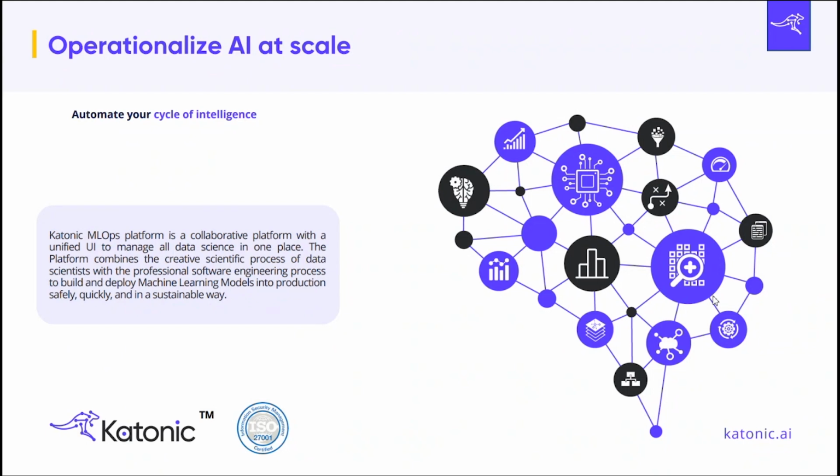So this is a combination which can be done, and it's very easy to build and deploy any kind of machine learning model into production very quickly without even taking care of any infrastructure to be provided and taking too much time. That is what we provide, and in a very sustainable manner.